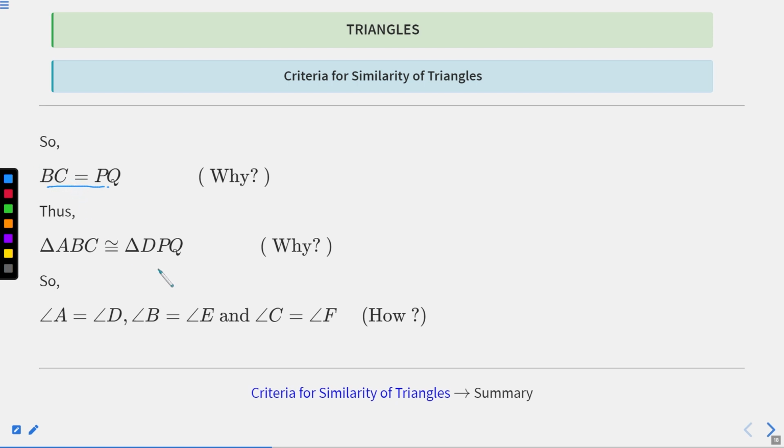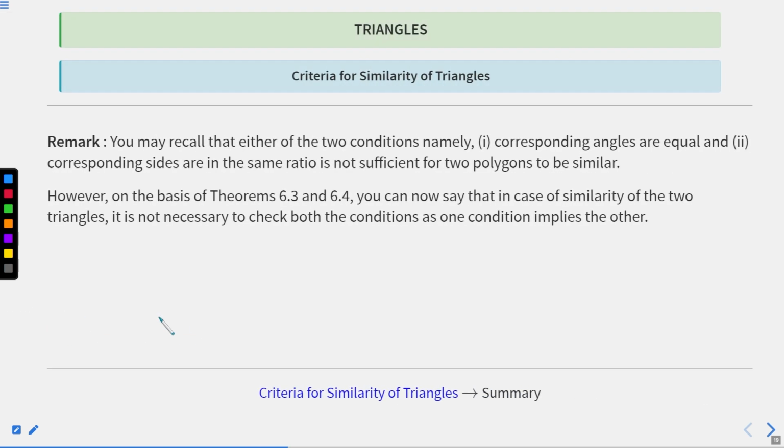So by the angle side angle criterion, these two triangles are congruent to each other. Therefore angle A is equal to angle D, angle B is equal to angle E, and angle C is equal to angle F. Since they are congruent, their corresponding angles are equal.